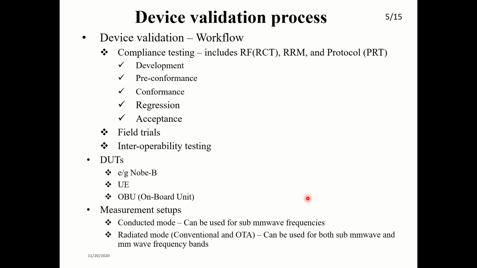Okay, now device validation process. The initial device validation workflow is, first we have to do compliance testing, and there are 3 components. If you want your product to be certified by a regulatory body, like a certification body such as GCF, Global Certification Forum, or Omniair, different certification bodies are available.